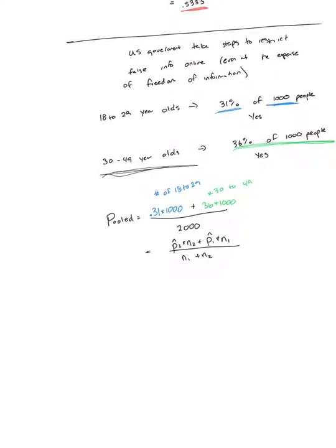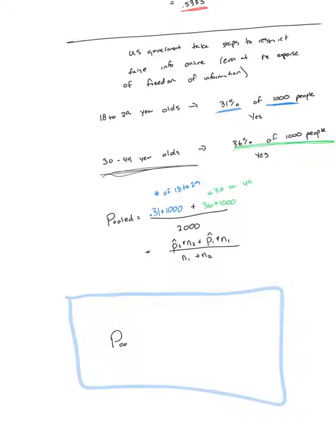So to summarize here, I have my formula for my pooled proportion, and that is my pooled proportion is equal to, I'm going to rewrite the order a little bit, P1 hat times N1 plus P2 hat times N2 all over N1 plus N2.